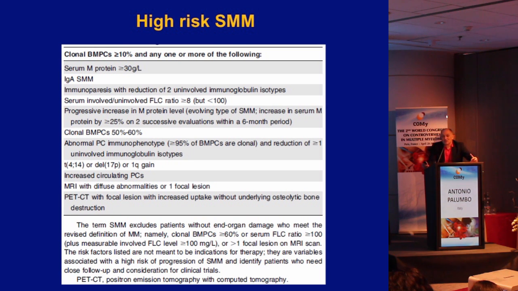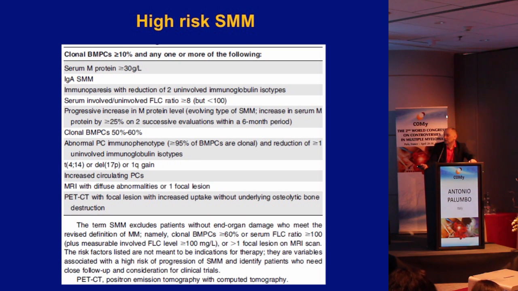It's probably not because it's better than others, it's probably more simple than others. And then progression: increase in M protein level, 25% on 2 different evaluations within a 6 month period. So I would say, personally, that these are probably the simplest: IgA, immunoparesis, free light chain 8, 25% on 2 different evaluations within 6 months. This is probably something to keep in mind in the evaluation of high risk.